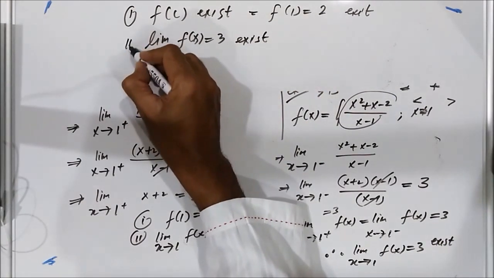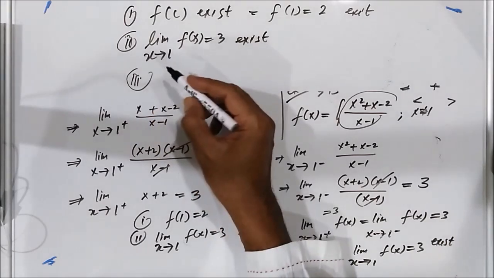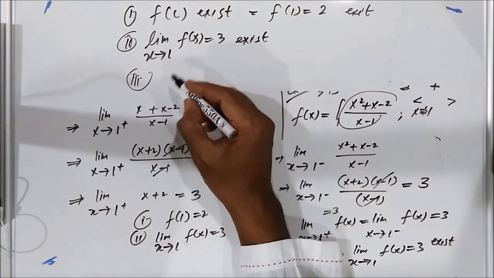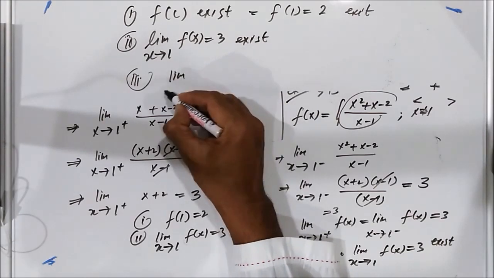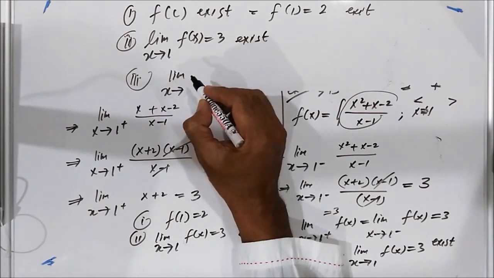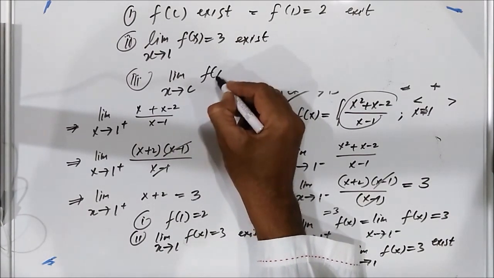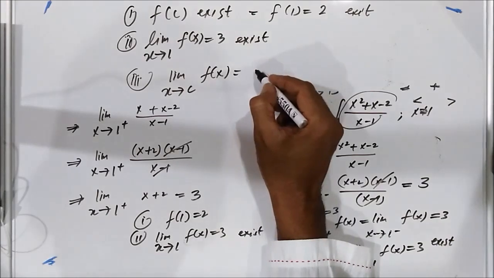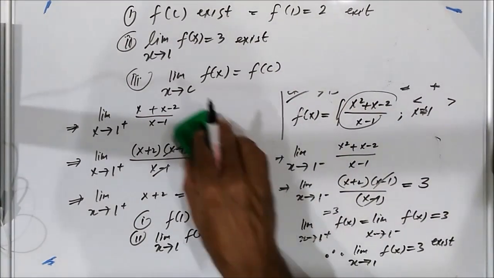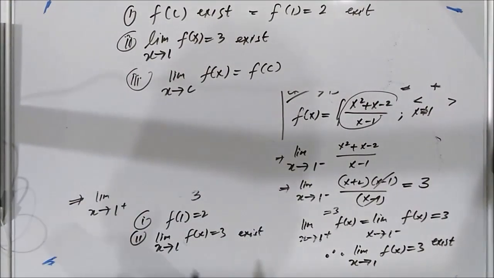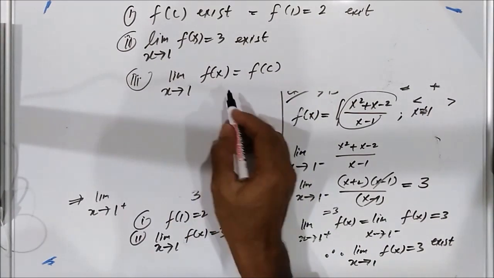Number 3, the definition says that we have to prove that the limit of x approaching c of f(x) equals f(c). For this case, the limit of x approaching 1 of f(x) is equal to 3, isn't it?